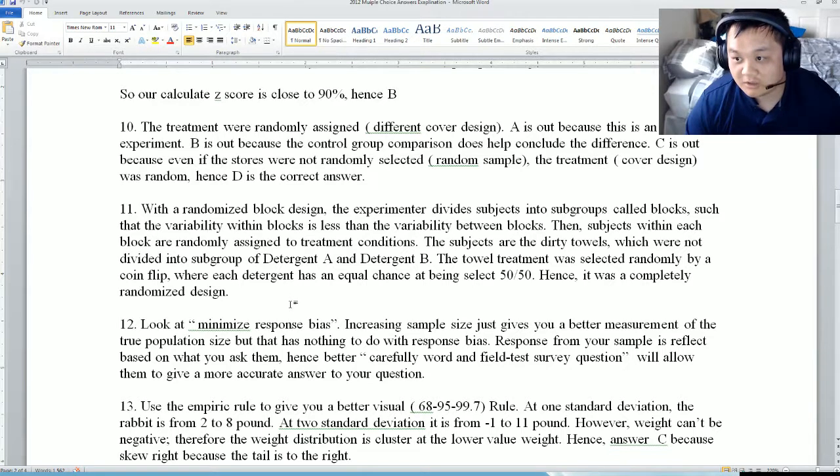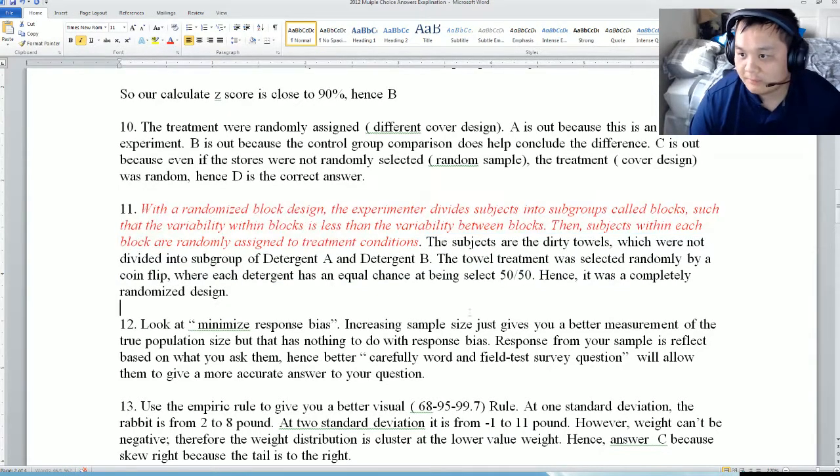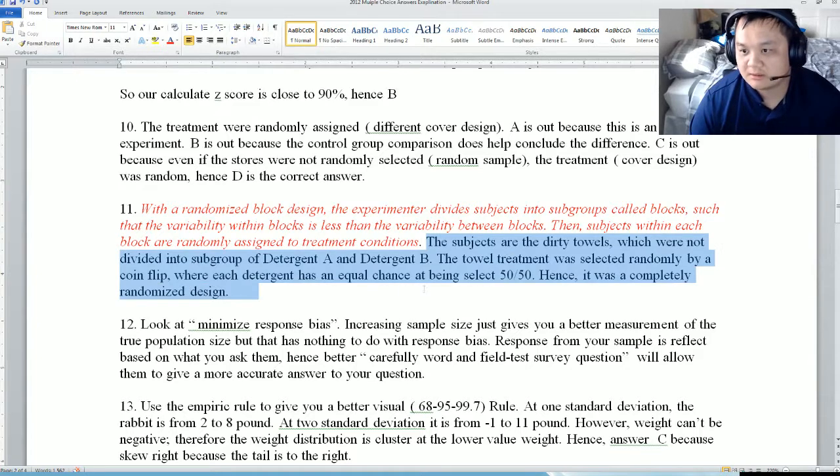The subjects are the dirty towels, which were not divided into subgroups of detergent A and detergent B. The towel's treatment was selected randomly by a coin flip, where each detergent has an equal chance of being selected. Hence, it was a completely randomized design. The first part was just the definition of a block, and the second part is me telling you how this scenario is not a block.